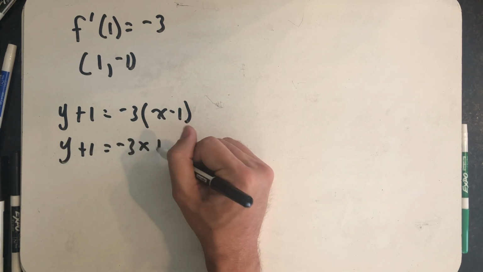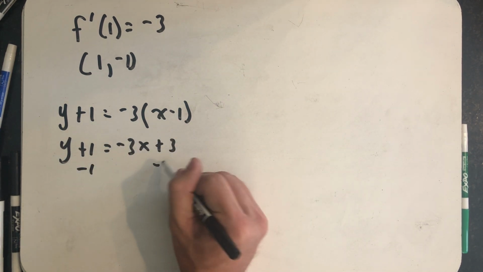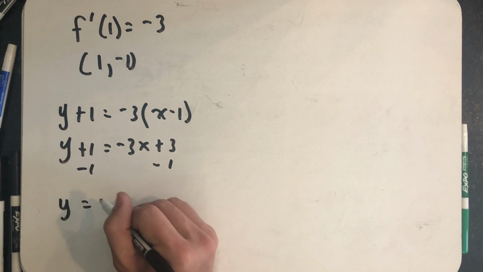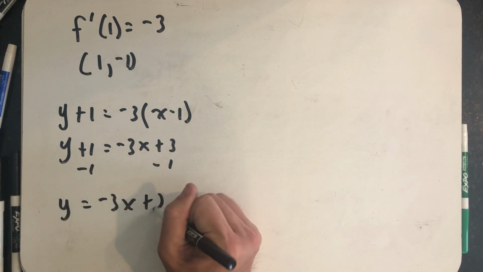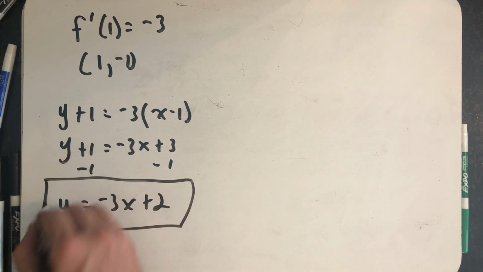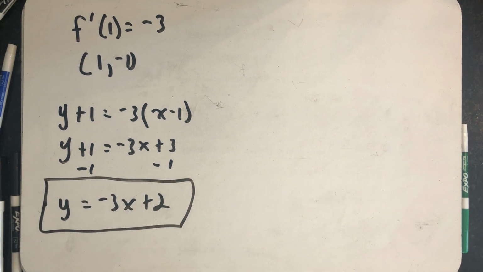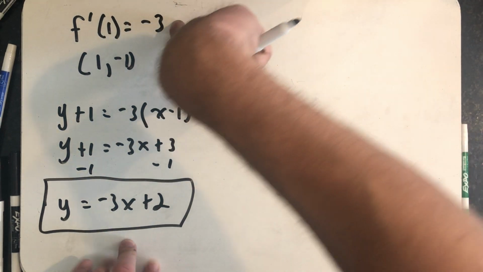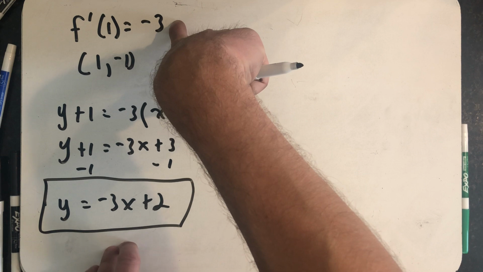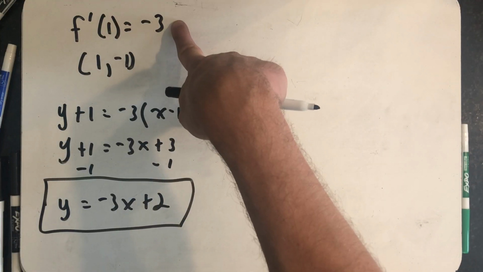Distribute that minus 3, take 1 away from both sides, and here is my nice happy tangent line: y equals minus 3x plus 2. All right, there's my equation of the tangent line. There is the slope of the curve at that point. And we've completed the problem.